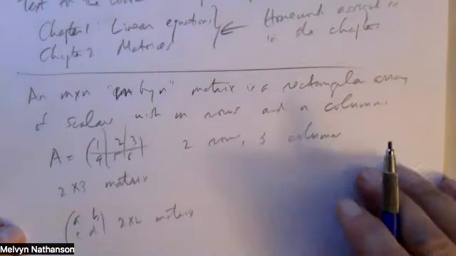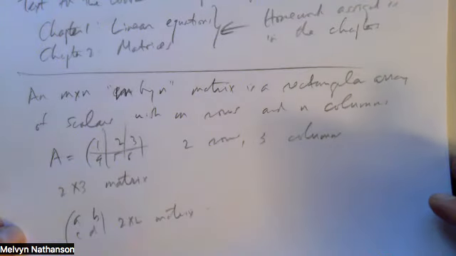In general, the matrix A, B, C, D is a 2 by 2 matrix. And so on. And there is a certain algebra of matrices, which is very simple with respect to addition and scalar multiplication.